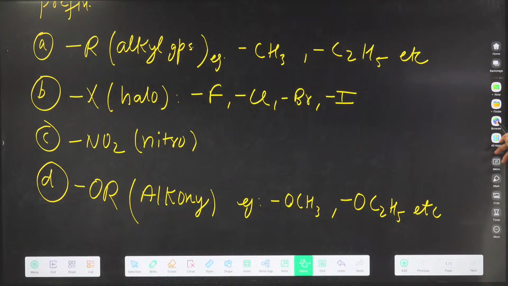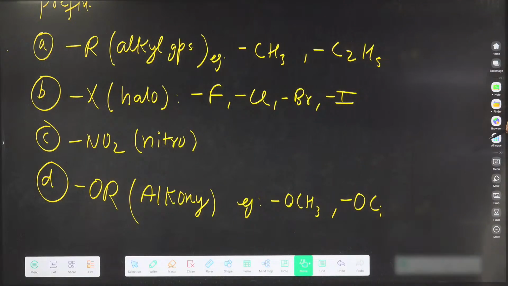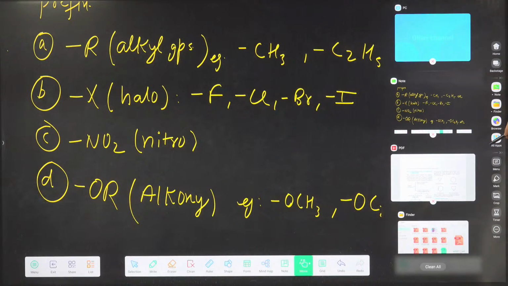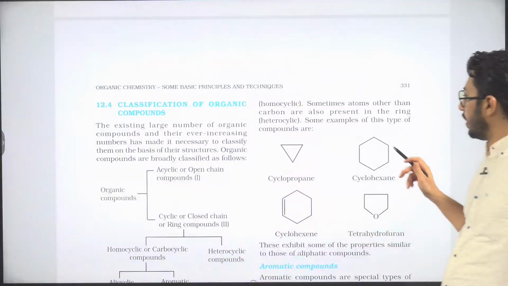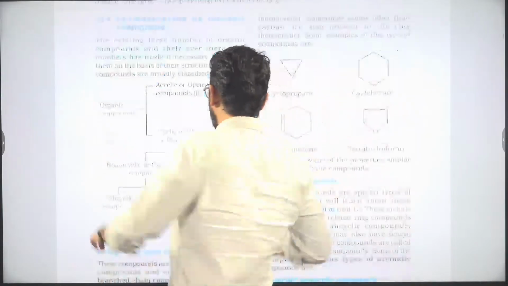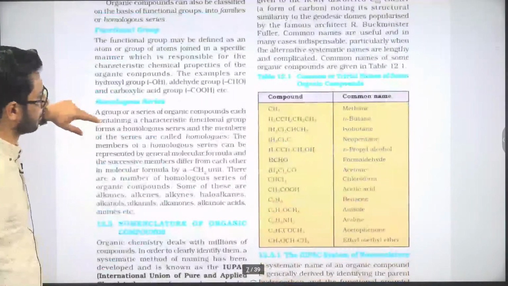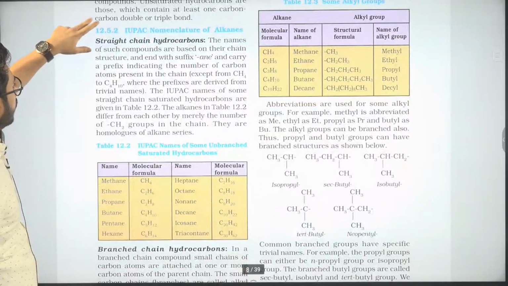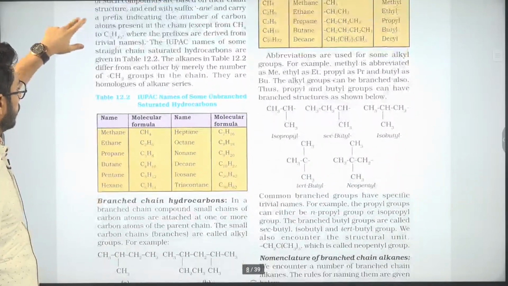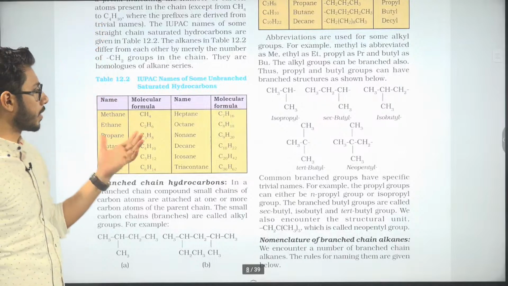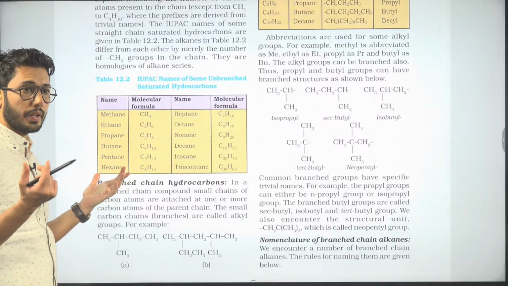Now, in the NCERT, it is given here. After prefix, we talk about the root word.